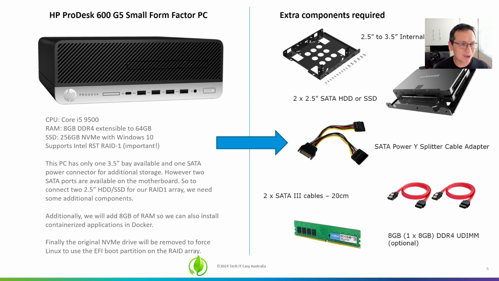The SSD is 256 gig, but we're not going to use it, and it supports the Intel RAID RST software, which is very important. There are some limitations from the start that we need to overcome. So this PC has got only one 3.5 inch bay available and one SATA power connector.